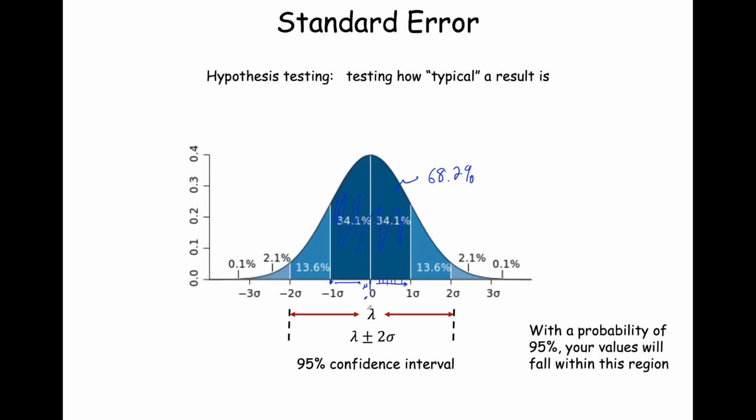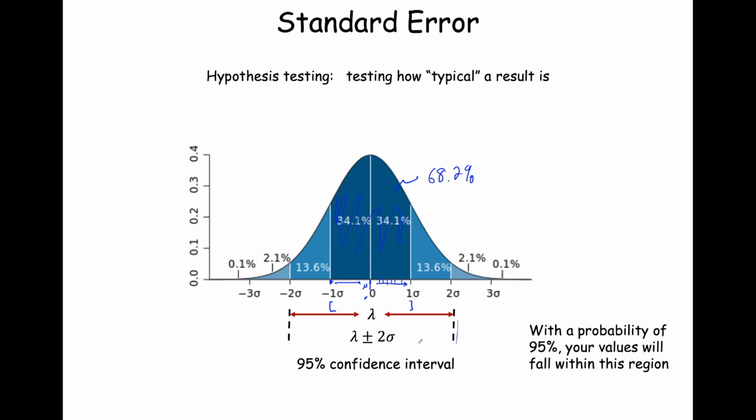So for various increments above and below the mean of a distribution, if I take the interval along the number line, there's a 68.2% chance that any value you choose is going to be within plus and minus one standard deviation away from the mean. It gets even better. If you are plus or minus roughly 2, which is really 1.96, standard deviations above and below the mean, that covers 95% of the total probability mass.